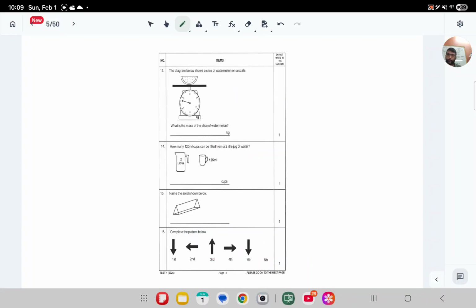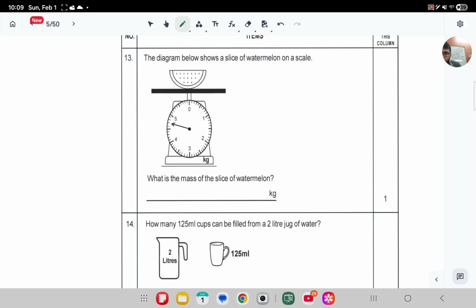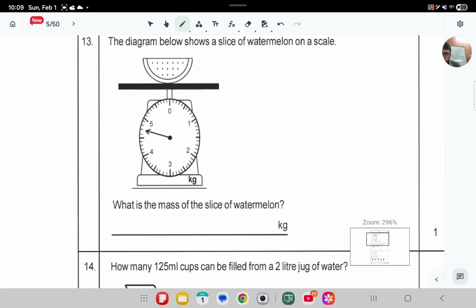Moving on now to number 13. They said the diagram below shows a slice of watermelon on a scale. We realize that the scale is measuring in kilograms. They said, what is the mass of the slice of watermelon? And I want the answer in kilograms. So, looking at this here now, we know that each one of these points here will represent 0.1. Alright, so that's 0.1, 0.2, 0.3, like that, right?